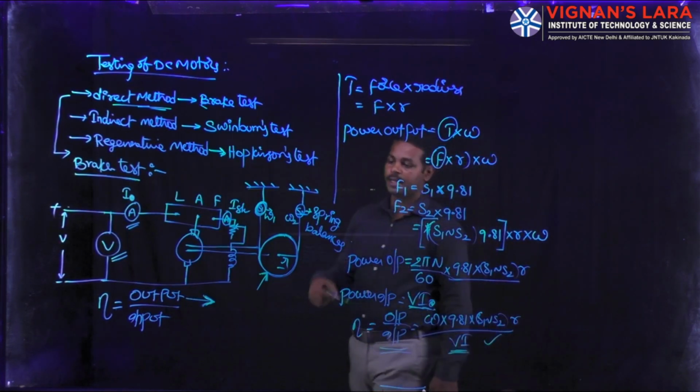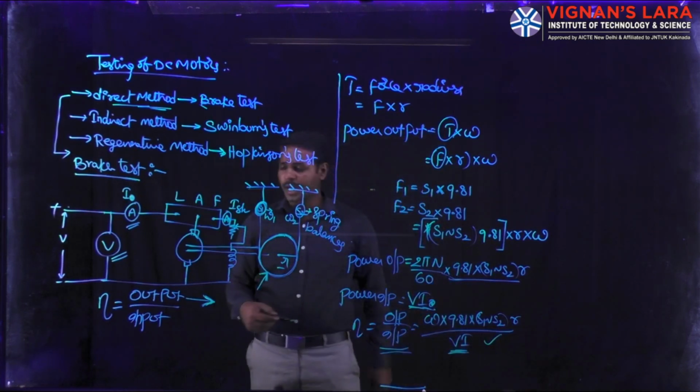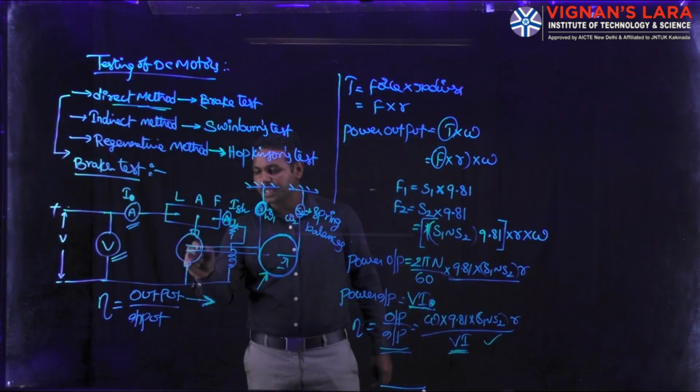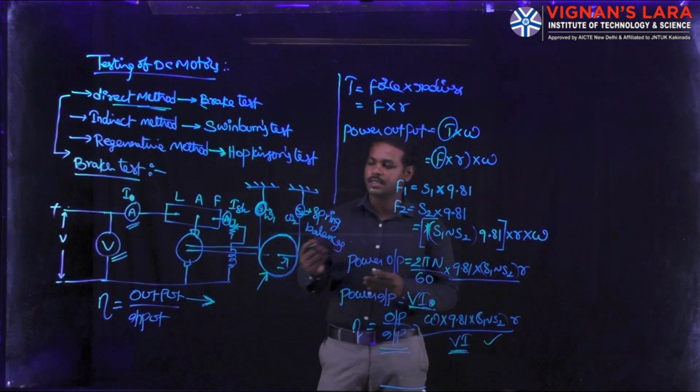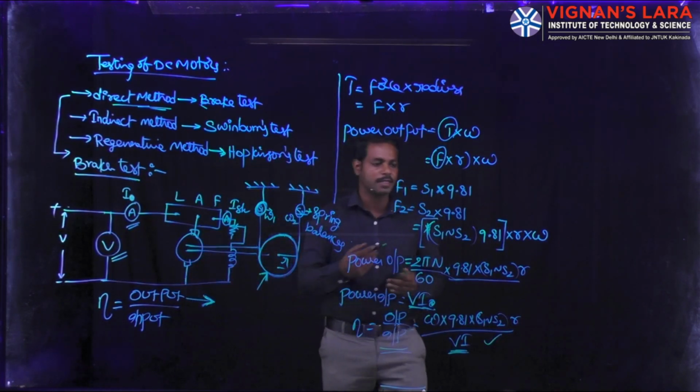But in practical conditions, the armature always has two types of losses. One is the core losses, the second one is the copper losses.